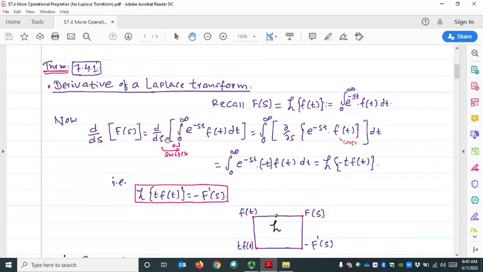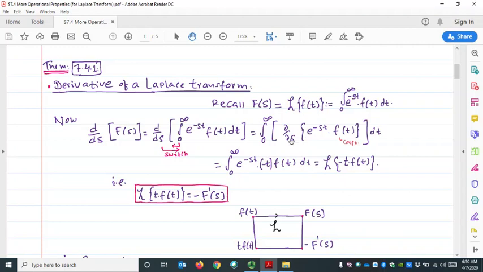Switch these two operations. So integral from 0 to infinity, now the partial derivative with respect to s of e to the power negative st times little f of t dt. With the partial derivative with respect to s, the function of t is constant. So the next step, integral 0 to infinity, e to the power negative st times negative t times f of t dt.